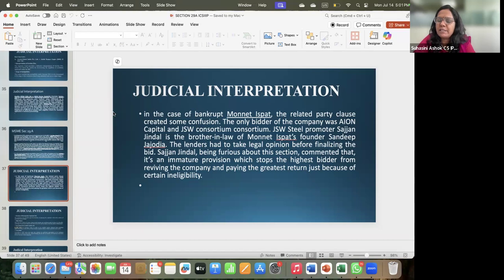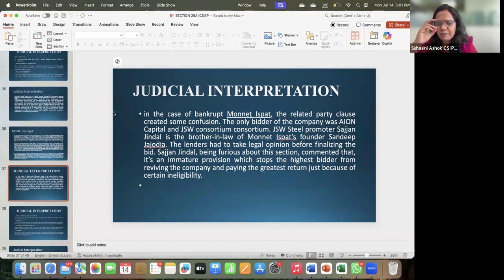So the lenders here were confused on the related party and took legal opinion. The COC took legal opinion before finalizing the bid of the related party consortium. One of the companies is the brother-in-law of the consortium's connected party. So here is an immature provision which stops the highest bidder from acquiring the company and paying the greatest return just because of ineligibility.